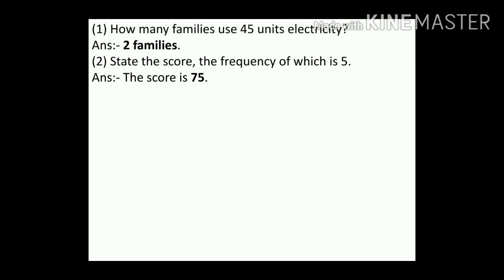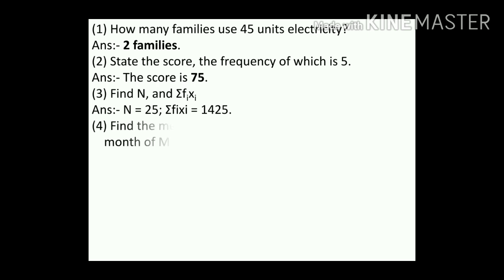Now the third question, children. Find n and summation fi xi. N equals what we got, children? 25. And summation fi xi we got 1425. Now the fourth question, children. Find the mean of electricity used by each family in the month of May.